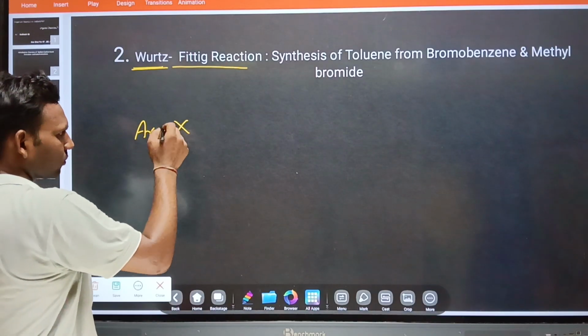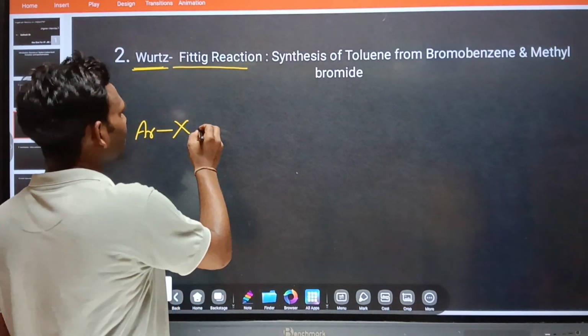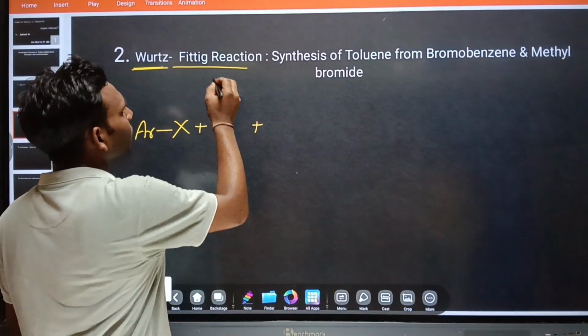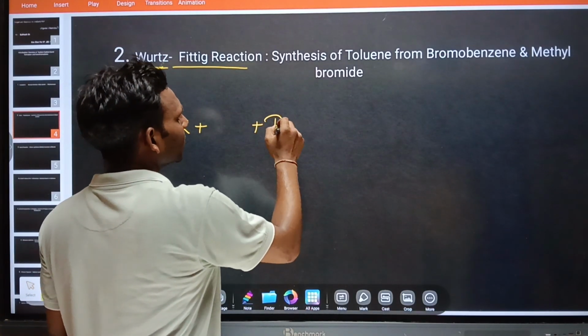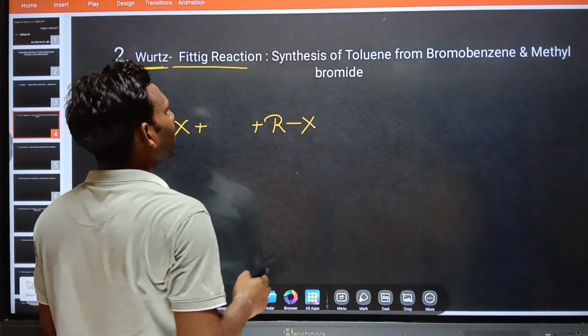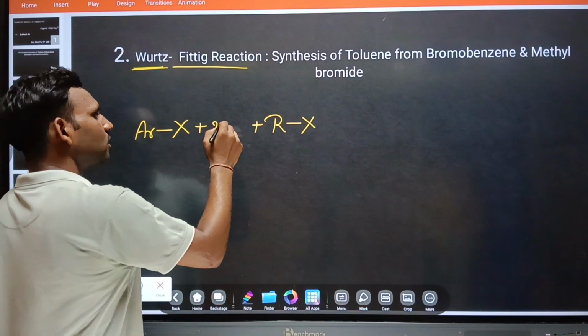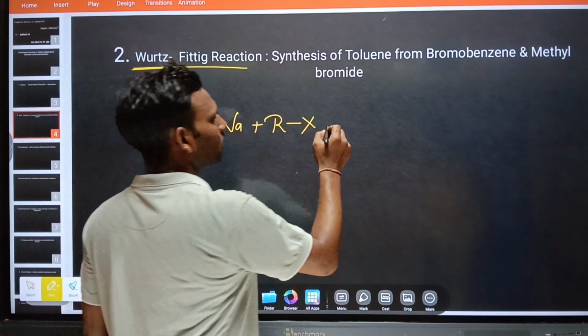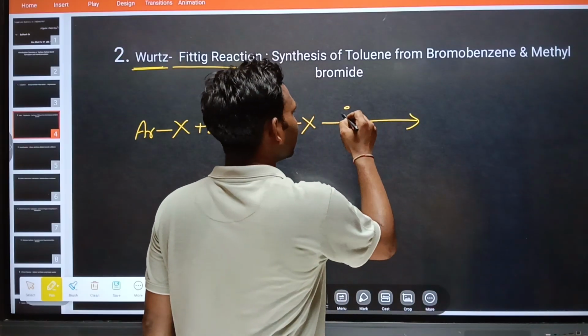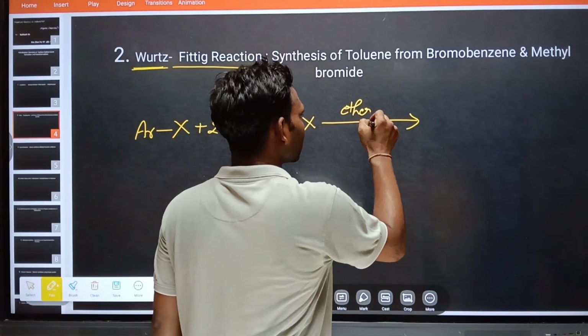In the chemical reaction, Wurtz makes the aryl group: aryl halide, suppose Ar-X where X is any halogen, plus Fittig, which represents the alkyl halide R-X, in the presence of sodium metal in dry ether.